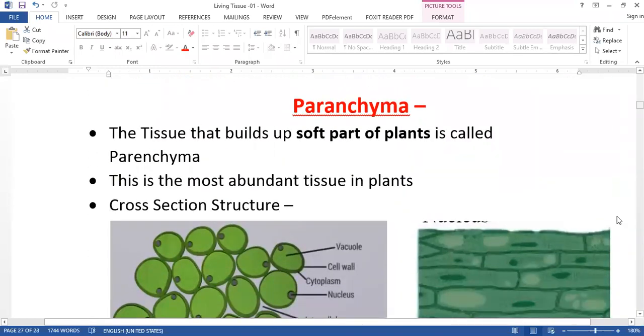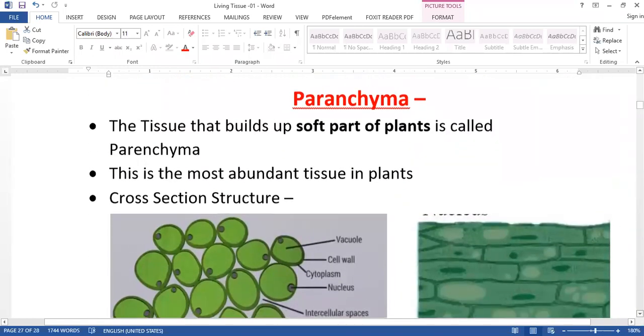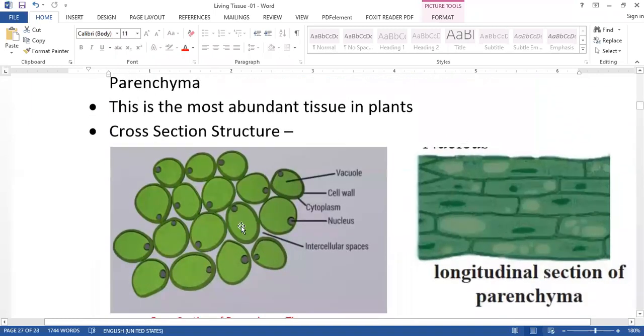Look at this one now, this is the picture they have put here. This is also parenchyma, but they have given the picture at a 90 degree turn. So this is the longitudinal section of parenchyma.